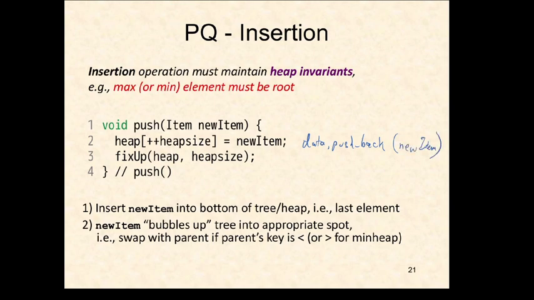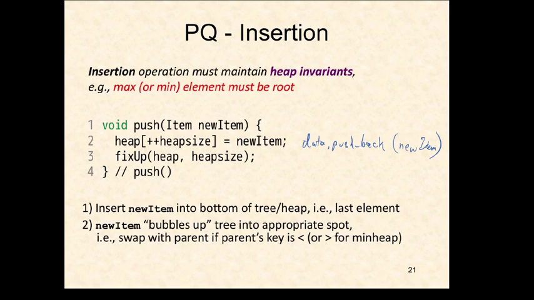If this was a vector, I wouldn't even have heap size. Do not create, when you do Project 2 Part B, binary heap, don't add a variable for the size of the heap. The vector knows its size. And then we call fix up.